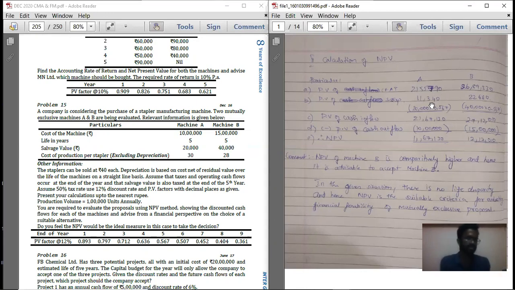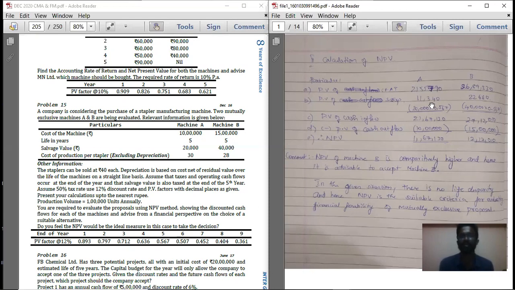And for machine B, 26 lakh 89,330 plus 22,680, you are getting 27 lakh 12,010.